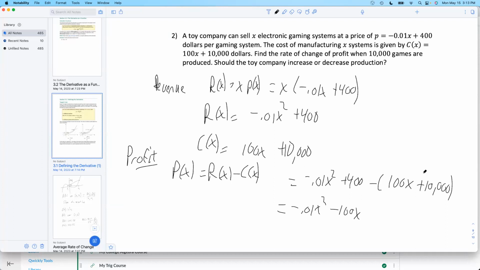And then I'm going to have 400 minus 10,000. So that's minus 9,600, I think. Yeah, because add 400 to that, that would be 10,000. All right, this is my profit function. I'm not done. I just found the function.